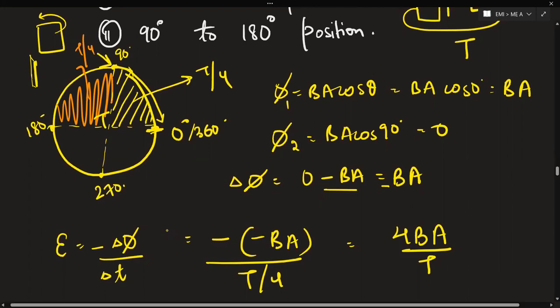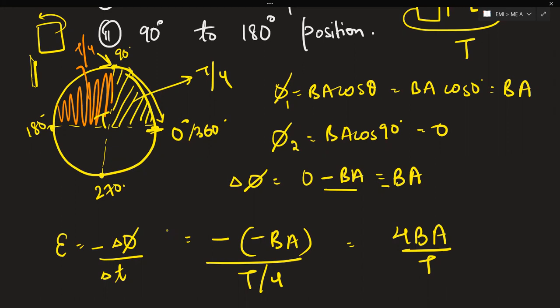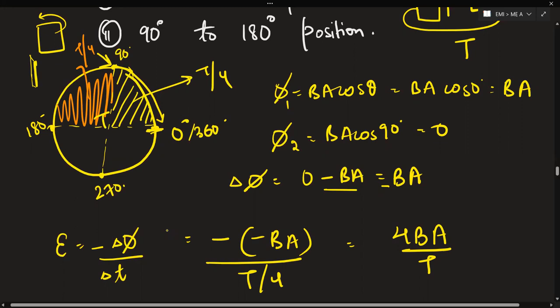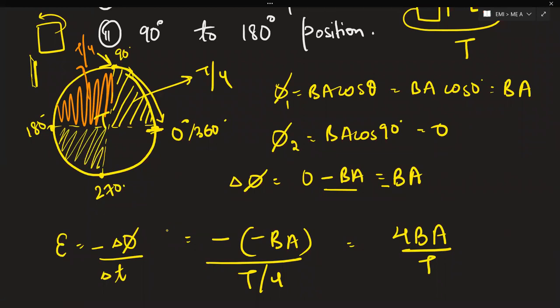From 180 to 270. See, it will again be T by 4.